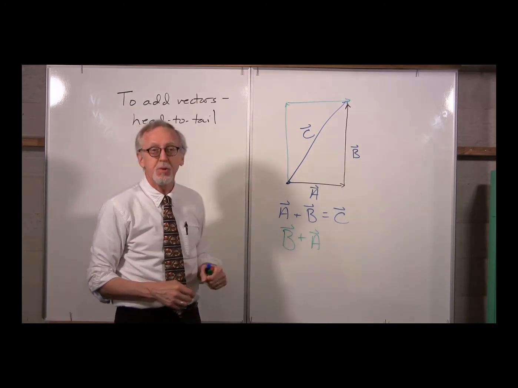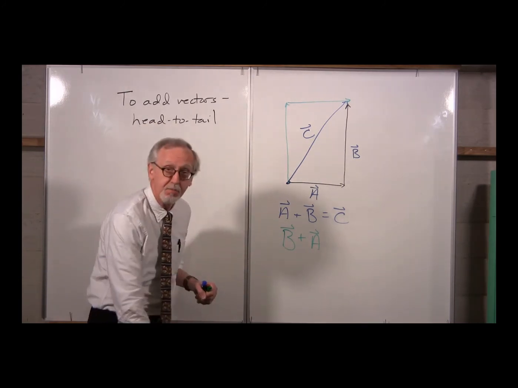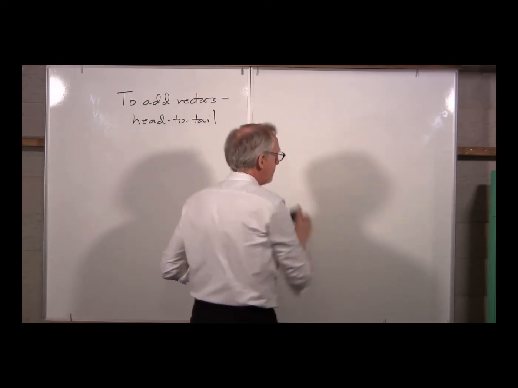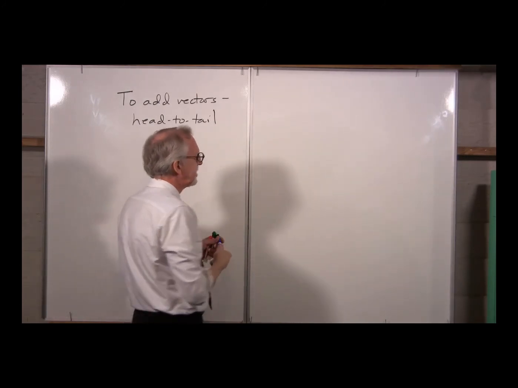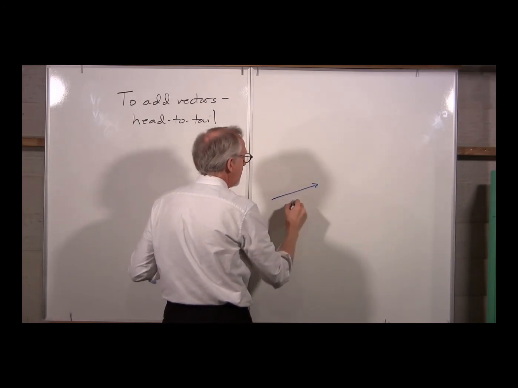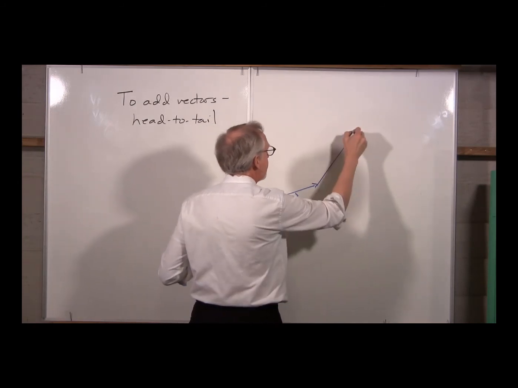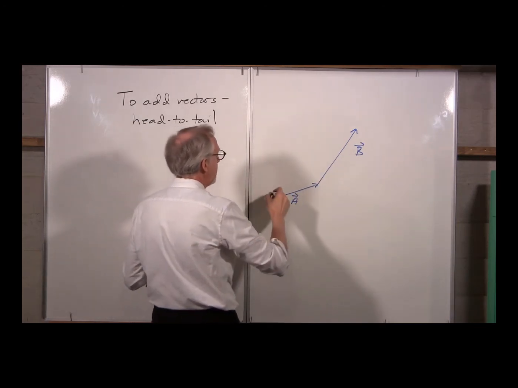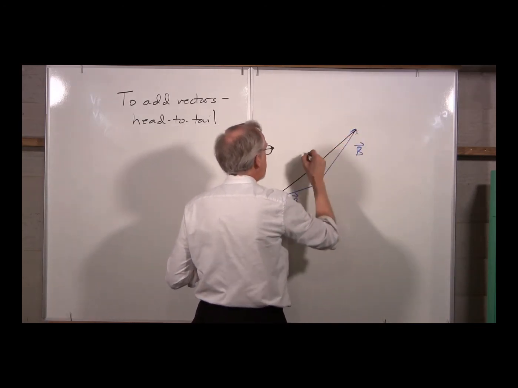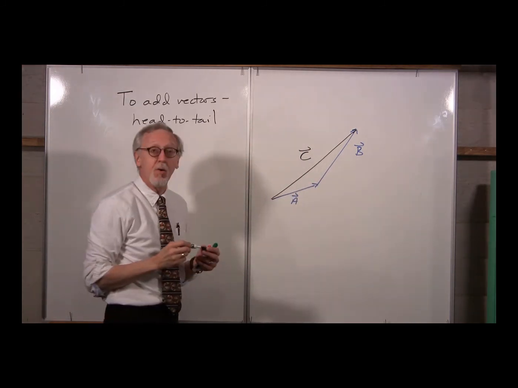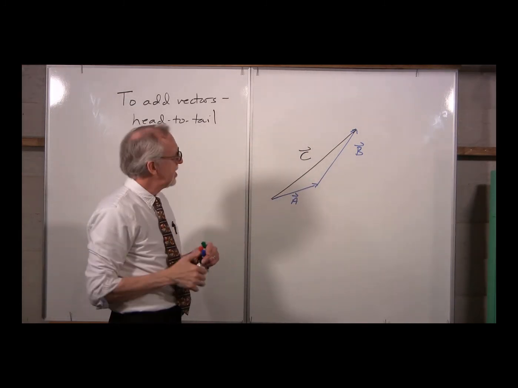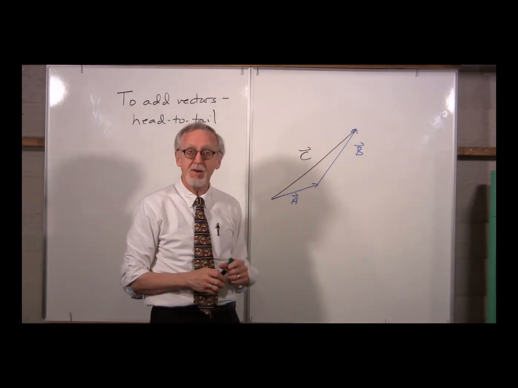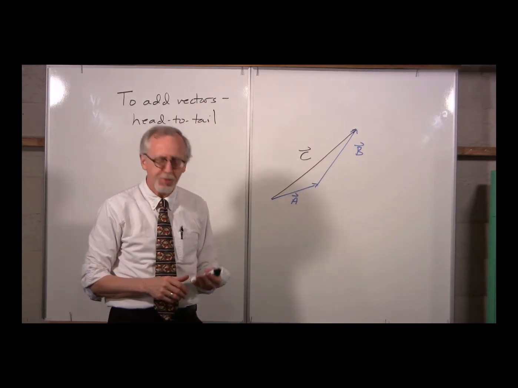Now, let's look at a more general case here. Let's imagine we have a vector A plus vector B gives us vector C. Now, we can actually determine the magnitude and direction of vector C even if A and B are not perpendicular by looking at the components.